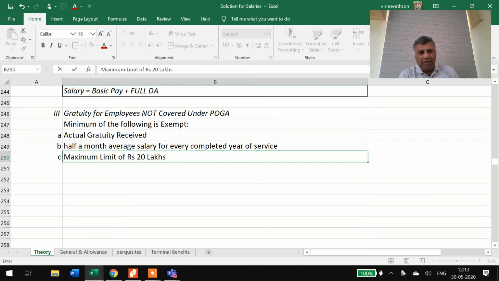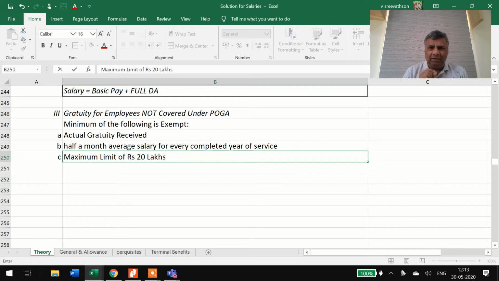Repeating, my dear friends, for gratuity for employees not covered under POGA, minimum of the following three is exempt: actual gratuity received, half a month average salary for every completed year of service, maximum limit of rupees 20 lakhs. On an apparent reading, 1 and 3 are the same and very easy to understand.